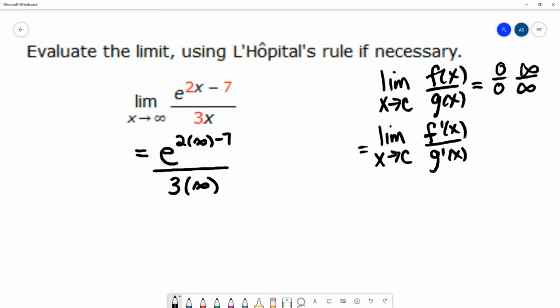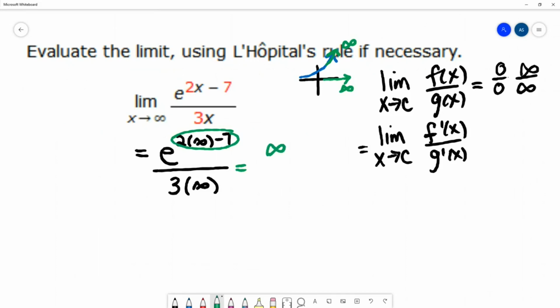So simplifying these essentially is looking at the graph of e to the x and 3x. If we look at the graph of e to the x, it looks like this. So as your x approaches infinity, your y is also approaching infinity. So here's our x approaching infinity, our y will approach infinity.